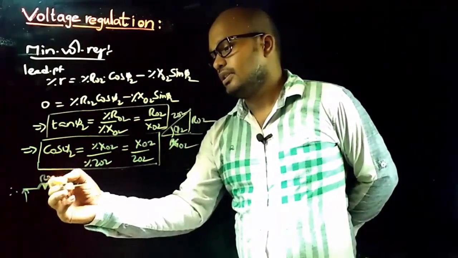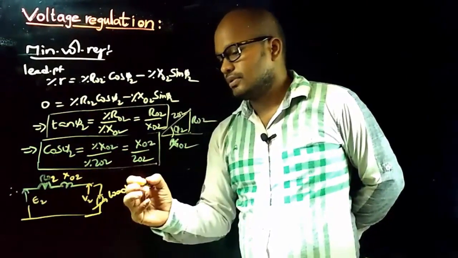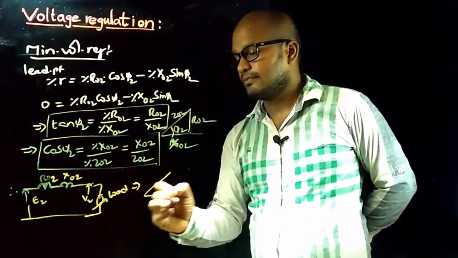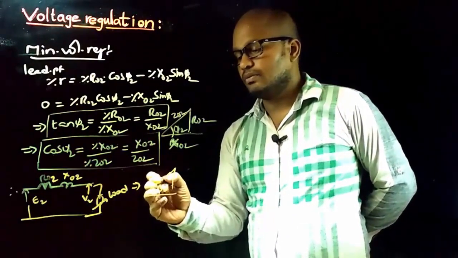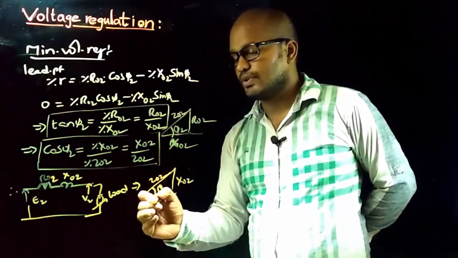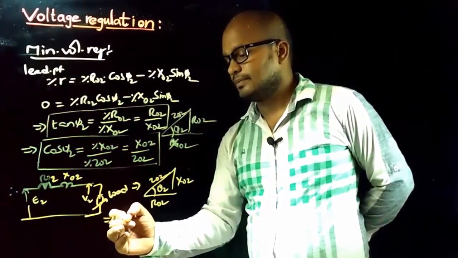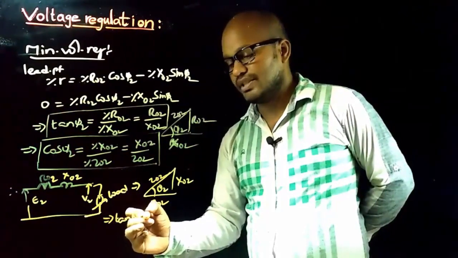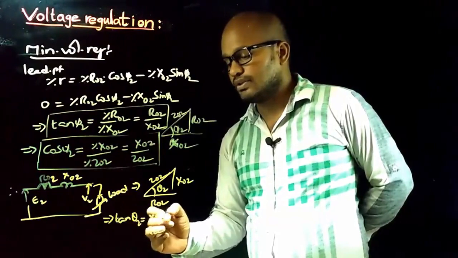Now consider the impedance of the transformer. This is the impedance angle theta 2, and this is the impedance Z02, this is the reactance X02 and the resistance R02, and that implies tan theta 2 is equal to X02 by R02.